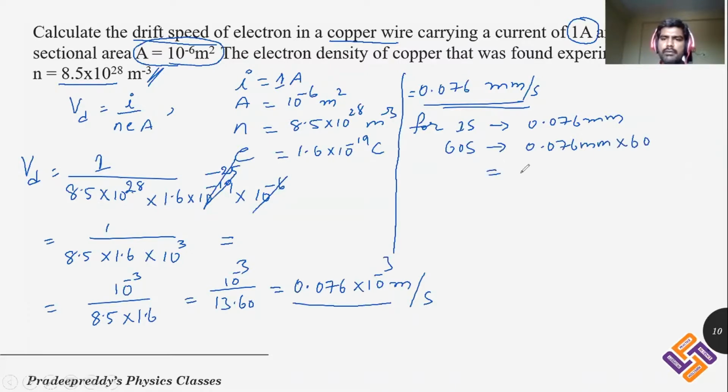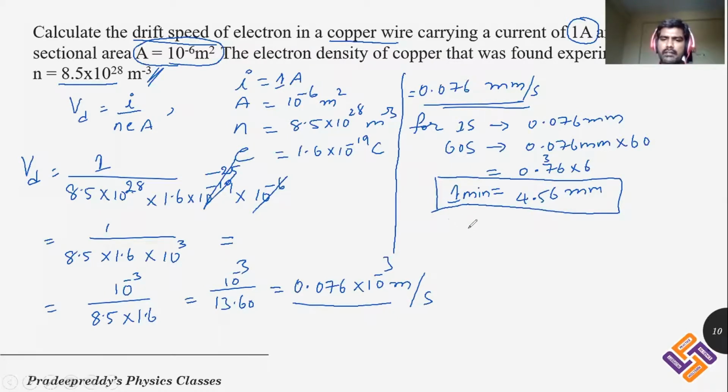This is equal to 0.76 into 6, which comes to 4.56 millimeter. That means in 1 minute, it travels only 4.56 millimeter.